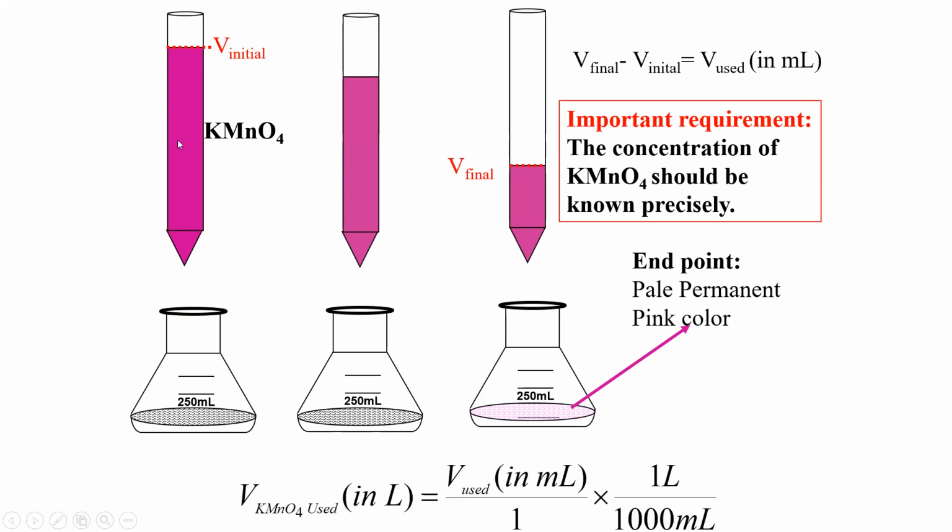So this is the equation in the setup of the experiment. You have your iron in your conical flask, a certain volume of it, and you add your KMnO4, and at the end you have a color change which signifies the endpoint. So you can know your volume of KMnO4 that you have used.